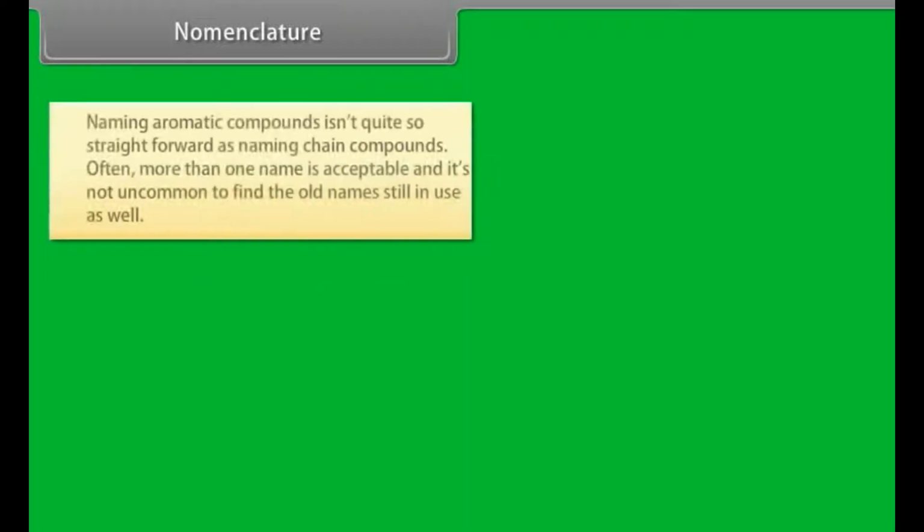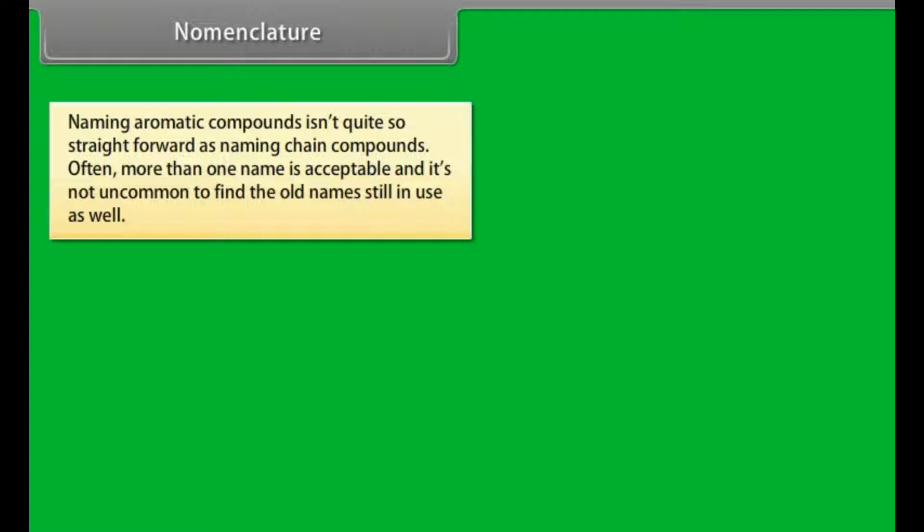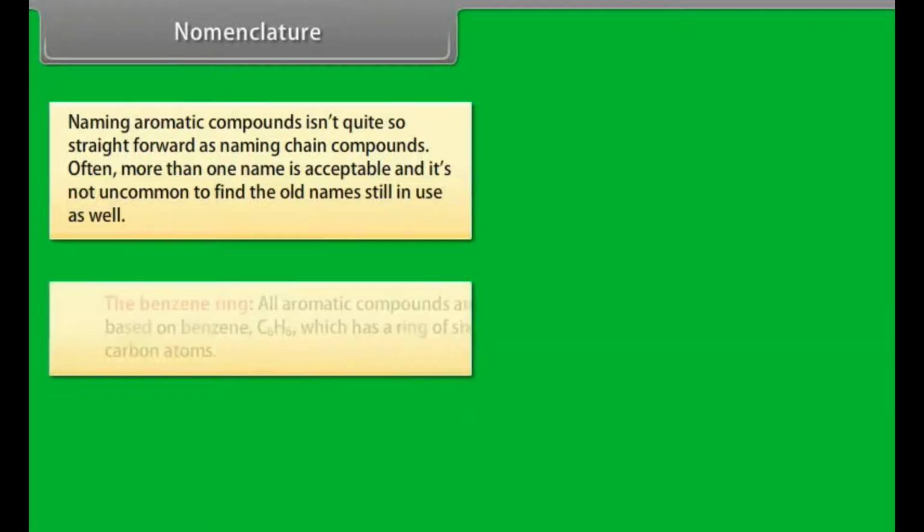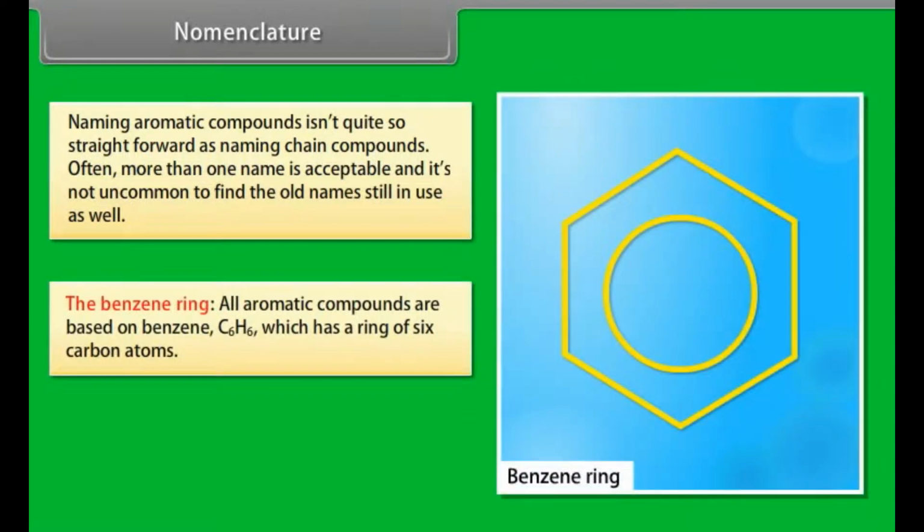Nomenclature. Naming aromatic compounds isn't quite so straightforward as naming chain compounds. Often more than one name is acceptable, and it's not uncommon to find the old names still in use as well. The benzene ring. All aromatic compounds are based on benzene, C6H6, which has a ring of 6 carbon atoms and has this symbol.